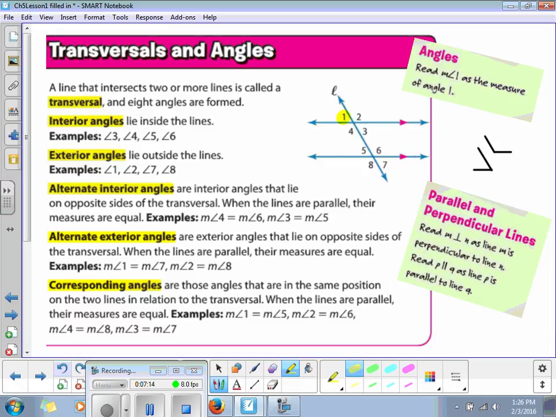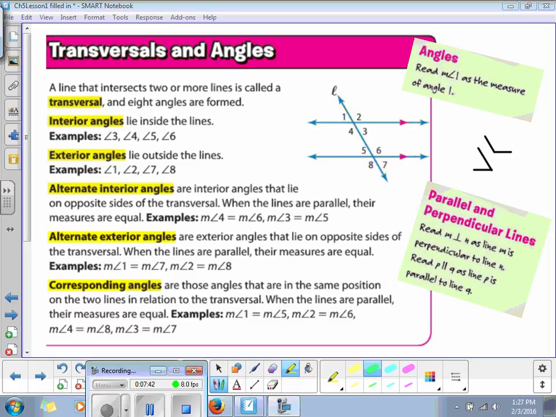So here is a transversal, and they're congruent, right? So 1 and which one? 7 are alternate exterior angles. You got it? So the one that is alternate exterior to number 2 is number 8. Is everybody clear?